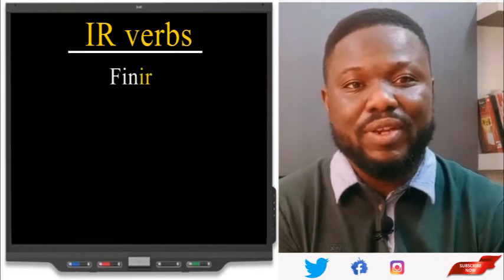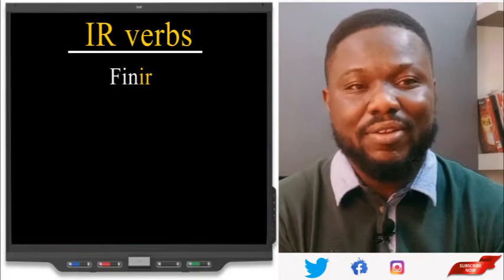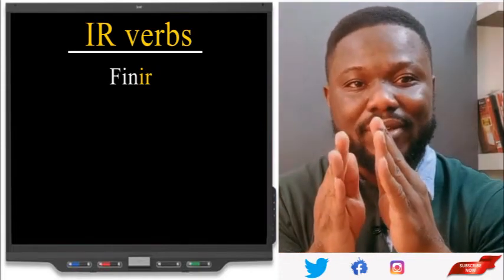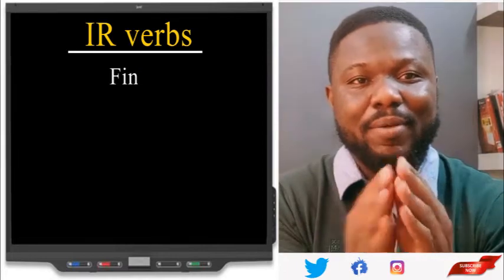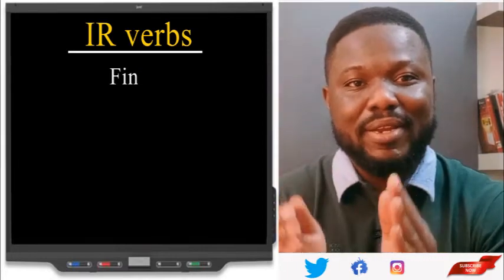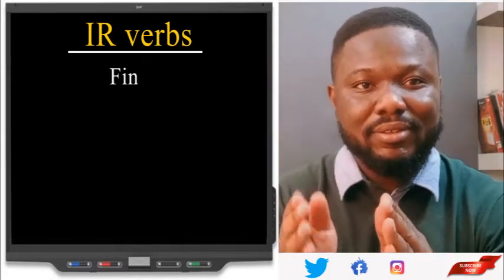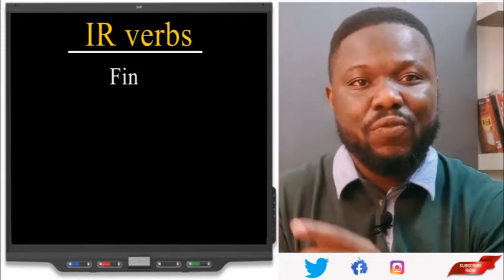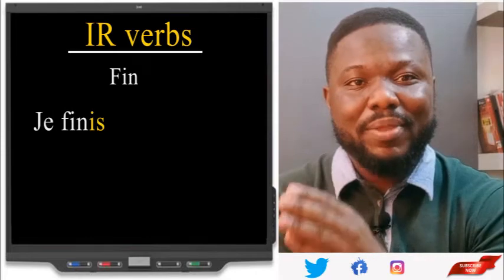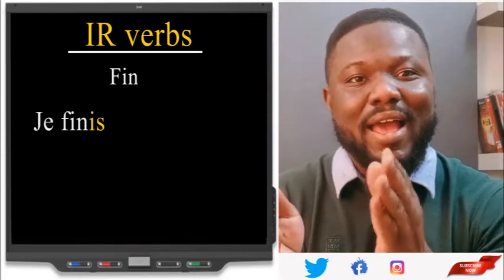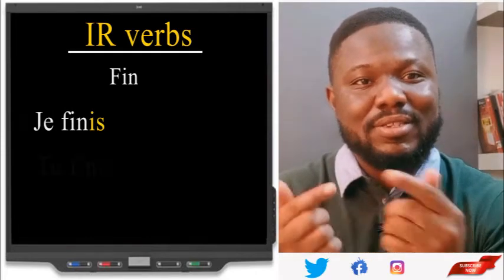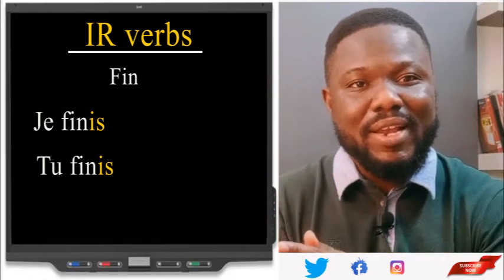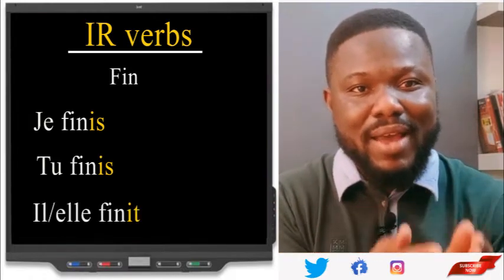Finir, which means to finish, F-I-N-I-R. Here, with finir, I remove the ending I-R, and to the stem, what is remaining, F-I-N, I'm going to add the endings now. For je, I write F-I-N, then I add I-S. Same thing for tu, I add I-S. Same thing for il and elle au singulier, I add IT.